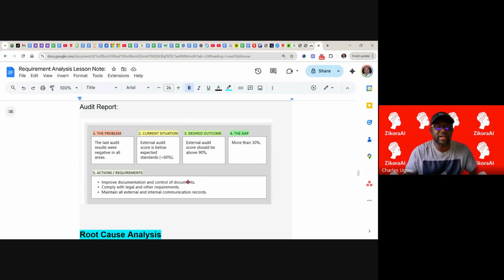So when we're talking about gap, we're talking about helping the organization improve. It is a very big approach or technique in business analysis to improve our processes in the organization. Whatever we do in the organization is continuous improvement. Not only in the organization, but in our life. Your life has to be continuous improvement.